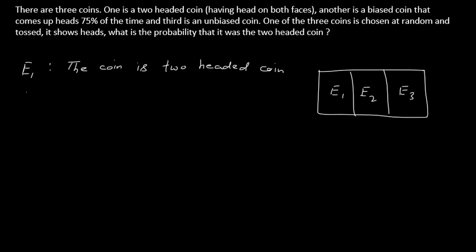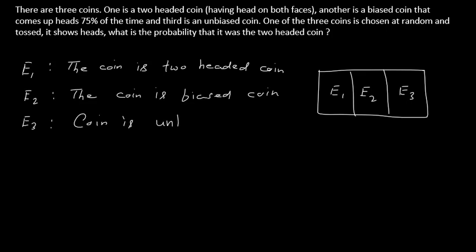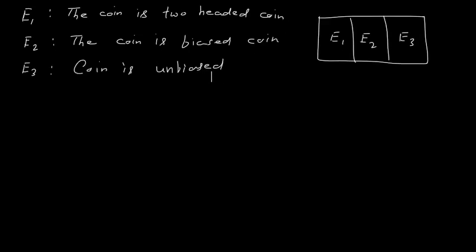E2 is the coin is biased coin. And E3 is the coin is unbiased. Okay, biased means probability of getting head or tail is something different from 50%. Okay, so probability of E1.